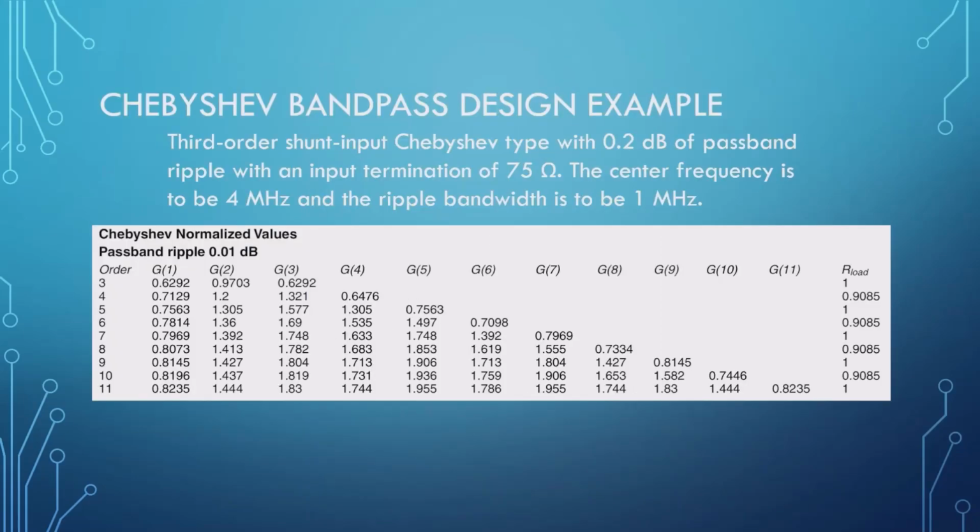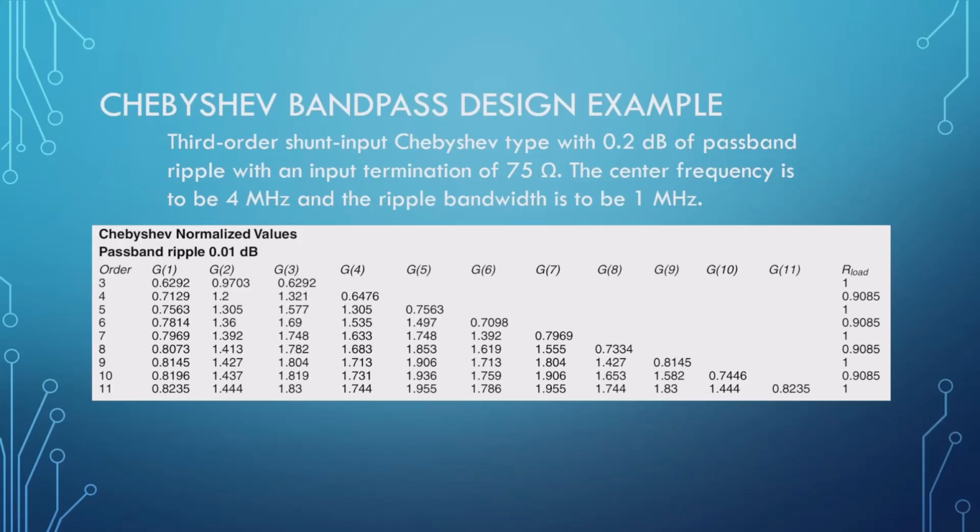Oh, actually, I'll show you on this next one. This one is a Chebyshev bandpass filter. They're going to do a third order with about a 0.2 dB passband ripple, with an input termination of 75 ohms, and the center frequency is going to be right at 4 megahertz, with about a 1 megahertz bandwidth.